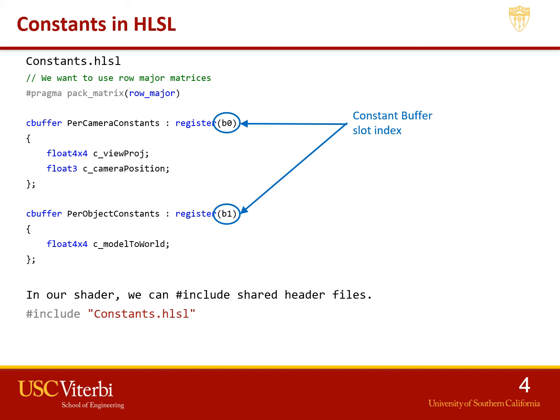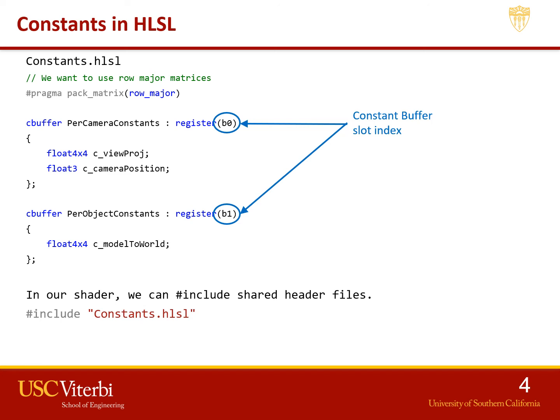And let's take a look at this other one. This is register B1 has my model to world. So why am I splitting these things up at all? Why not just pack them together? Well, in register B0, you can see that I've put all of the camera related data. And in register B1, I'm putting the per object data.